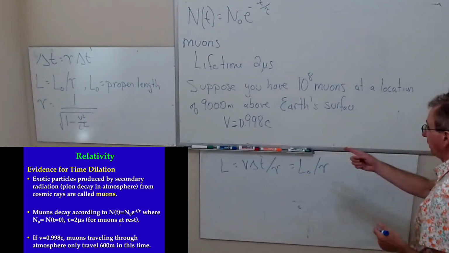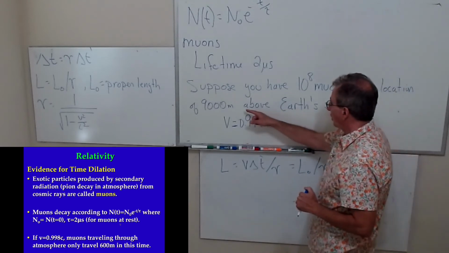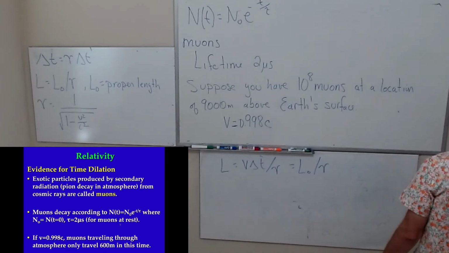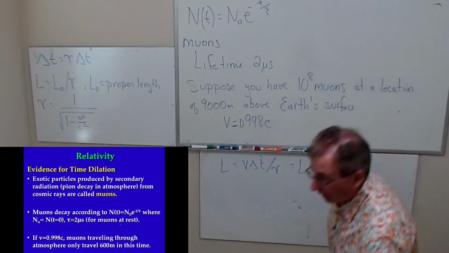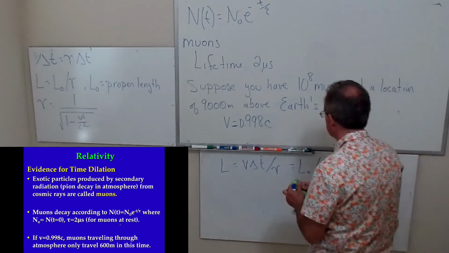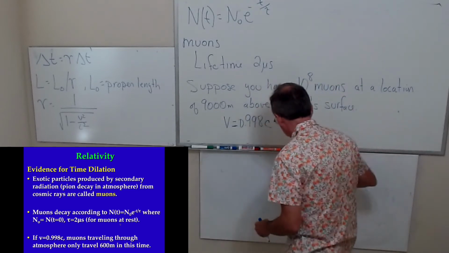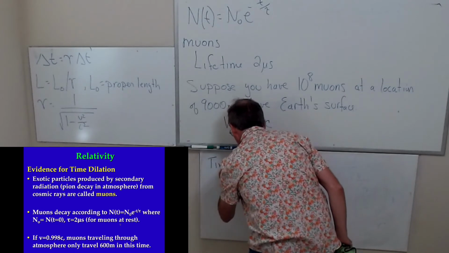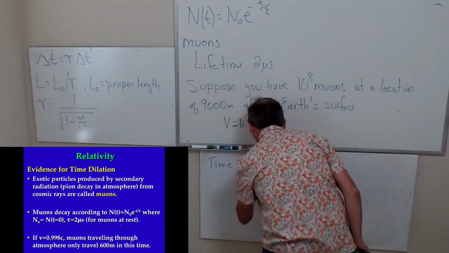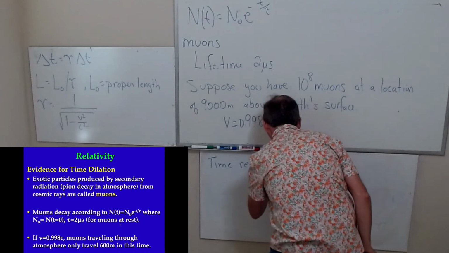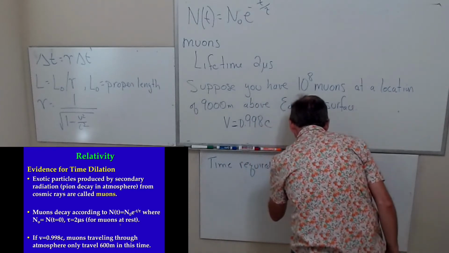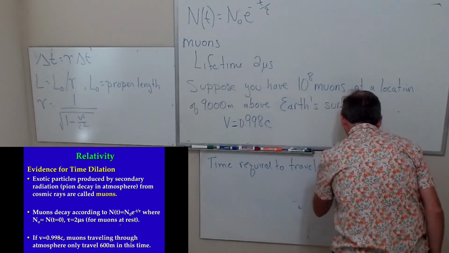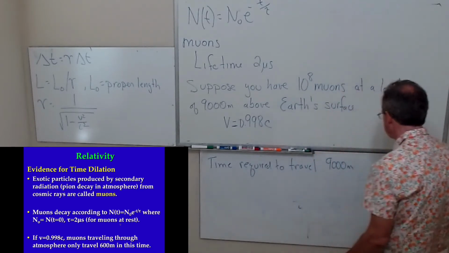How long does it take for these particles to get to the Earth? How long does it take for them to travel 9,000 meters? Well, I just take distance over time, right?